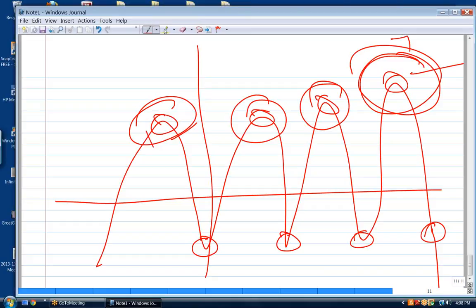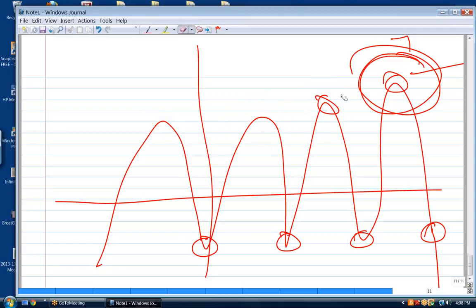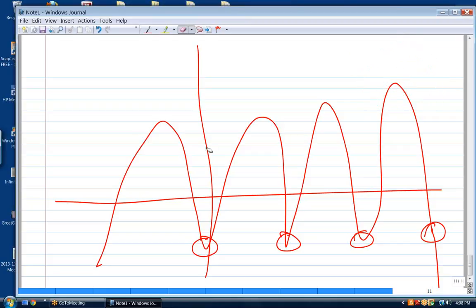Okay. The real reason they're asking you this is because when you get to calculus, you can determine relative maximums and minimums by finding where the slope is 0. Notice that the slope of the tangent line is 0 right there.